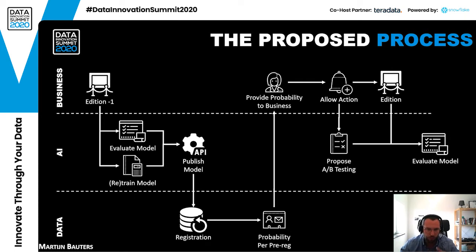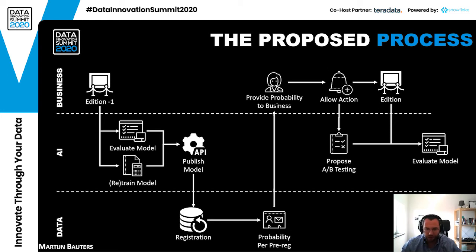So we have a whole model that we train, we evaluate, and we publish, and then we take the registration data for the next edition. If we would do it for the Data Innovation Summit, we would take all of the behavior of the registration process of the Data Innovation Summit of 2019 and run it over all of the registrations of this year.